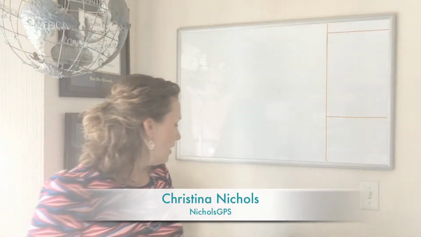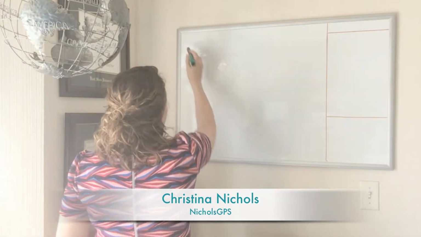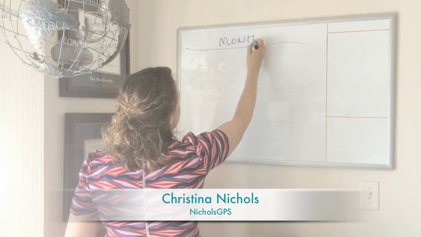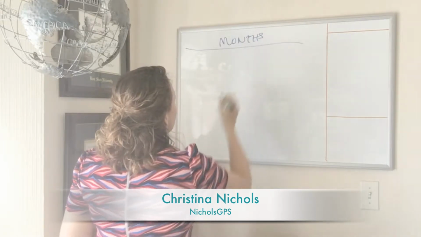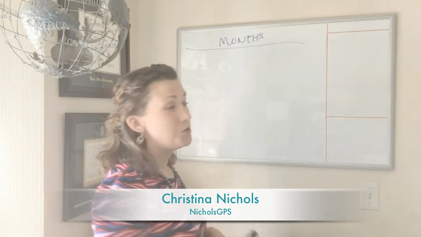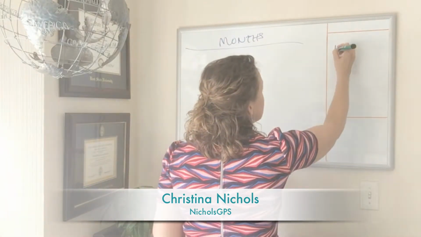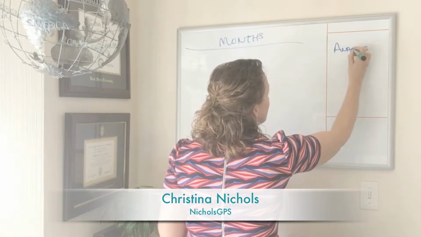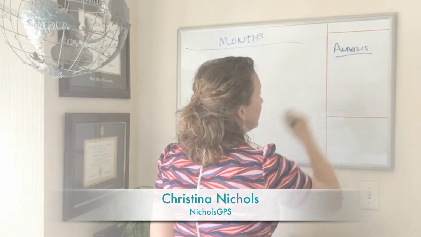So I go back to how we had put together the year. I'm not going to write it out, but we have your months here, and you lay out your year. And you do your analysis. What's working for you? What's not?